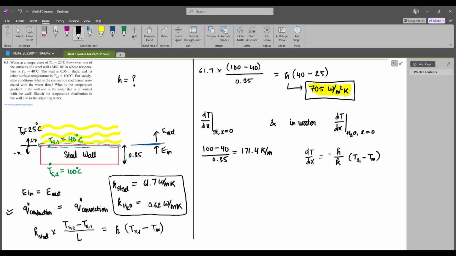This would be K of water, right? So this is for H2O. So we have all the values, I guess. So dT over dx for H2O at the surface is minus 705 over K, which is 0.62, times Ts1, which is 40 degrees, minus T infinity, which is 25.